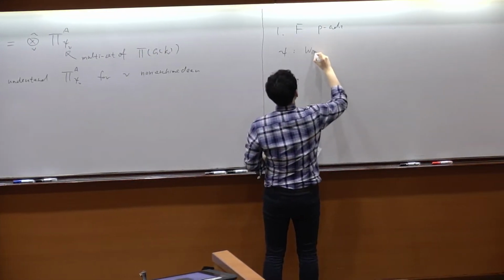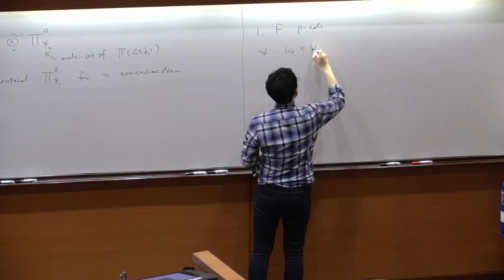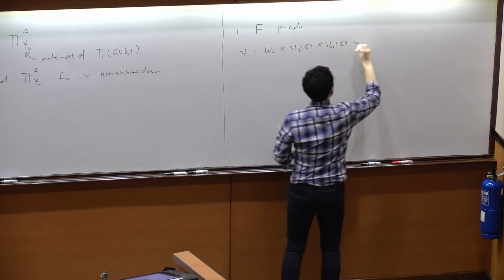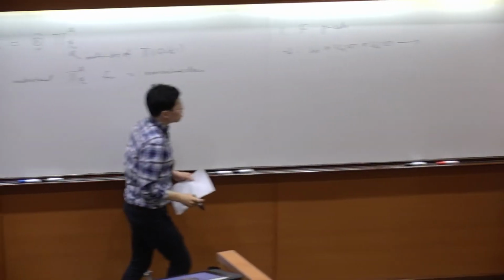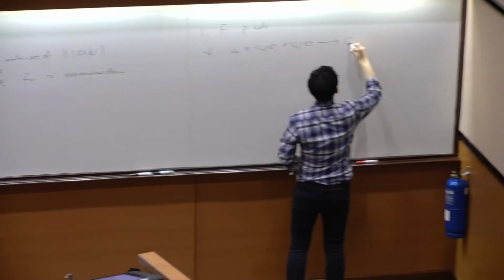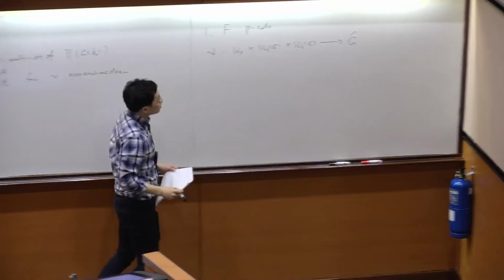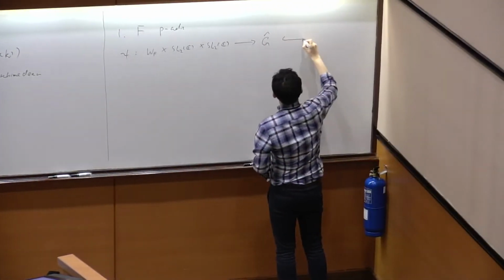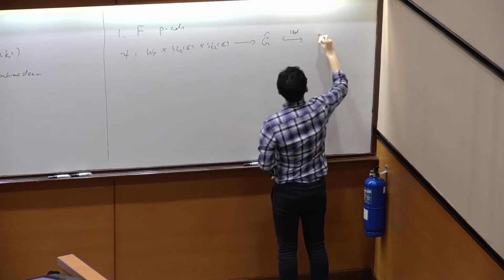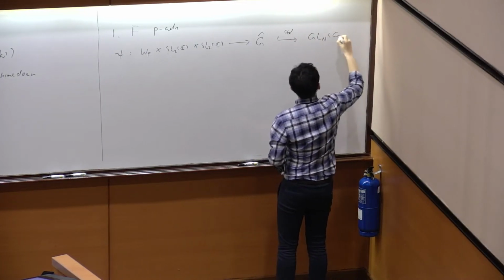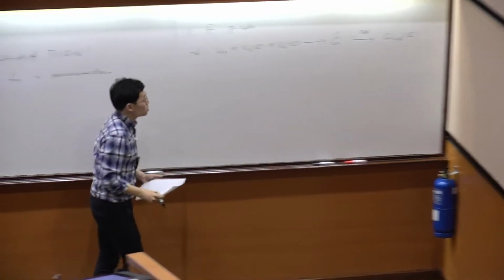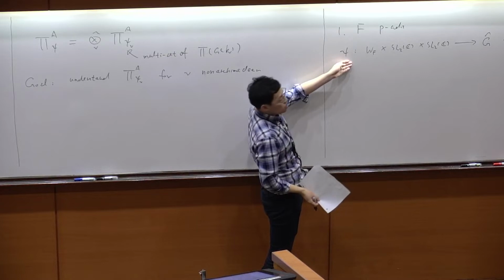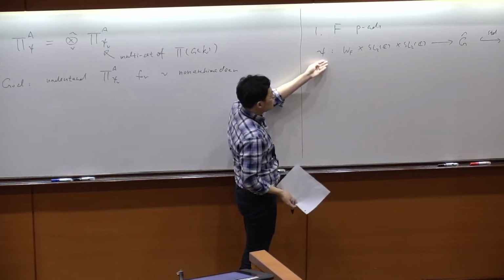It's a map from the Weil group cross 2 copies of SL2C to the dual group. In this case, this dual group will either be symplectic or orthogonal, so it has a standard representation. So we map into GLNC. And then you can view this parameter as an n-dimensional representation.